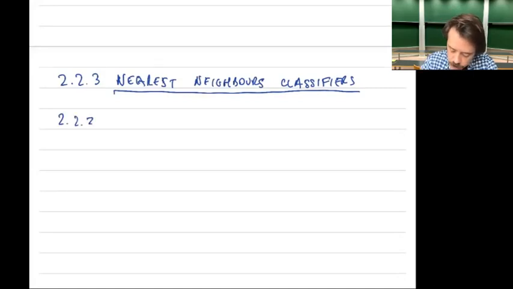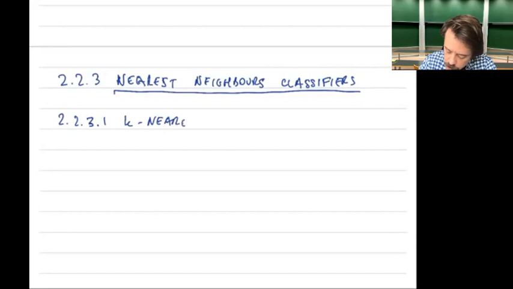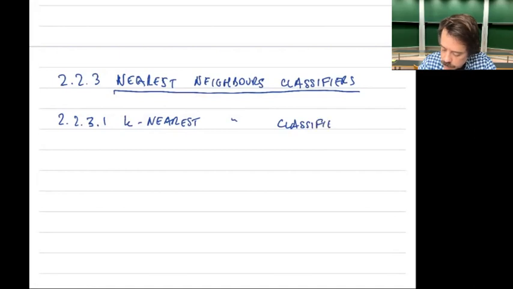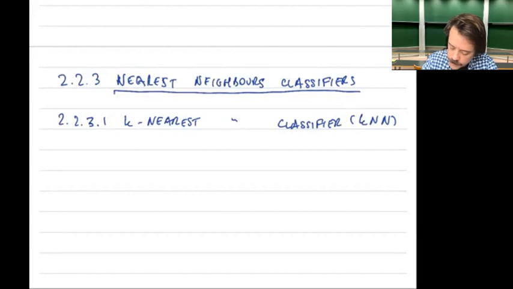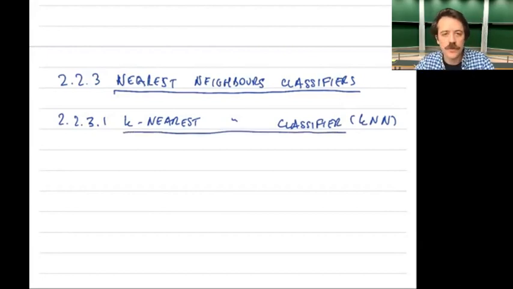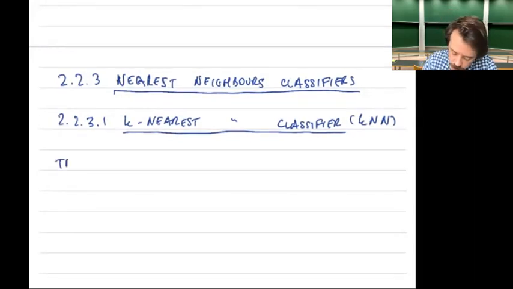So that's 2.3.1, the k nearest neighbors classifier. I will shorten this by KNN. And some of you have probably seen this one. So let's just recall what it is about.